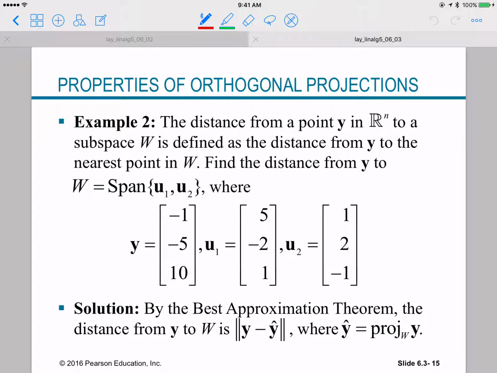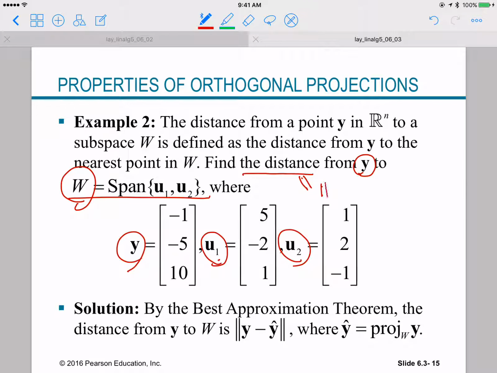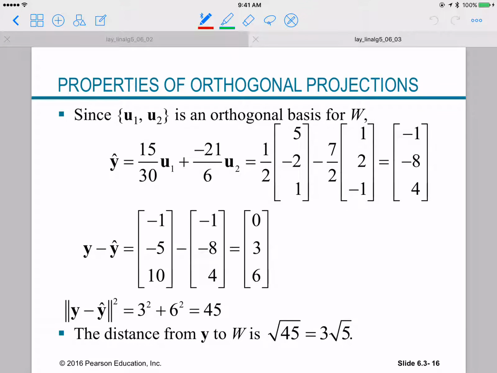Okay, and then let's briefly look at the example. Suppose we are given this Y, and our subspace W that is spanned by U1 and U2. The problem here is to find the distance from Y to the subspace, which is the length of vector Z, right? We first compute Y hat, which is the orthogonal projection.